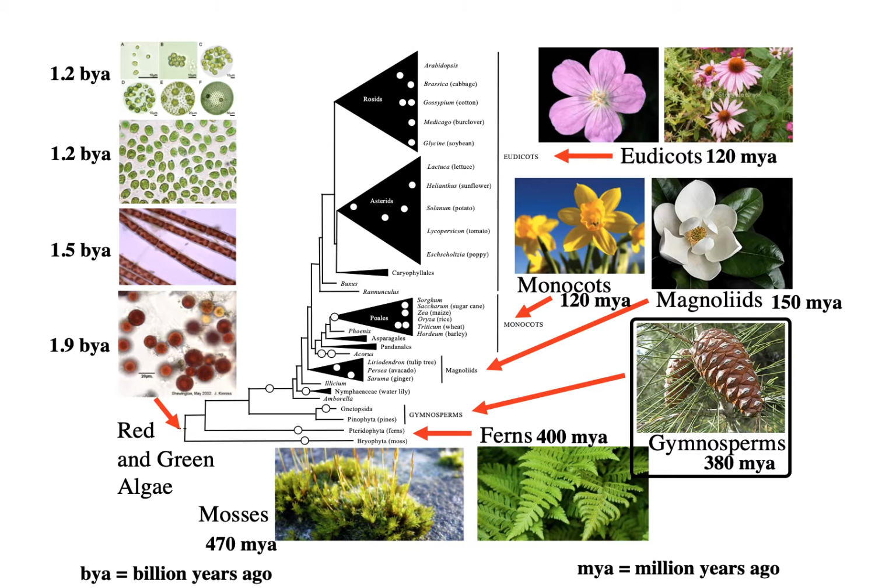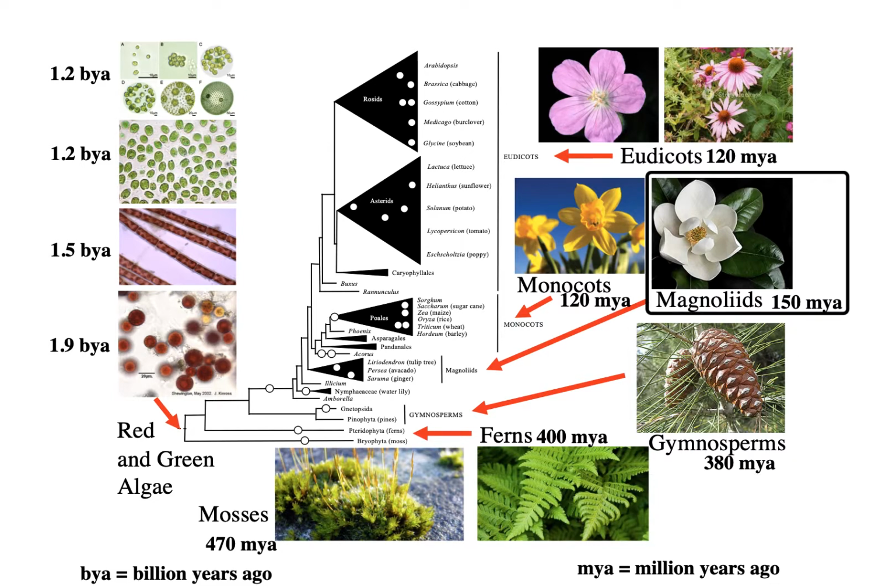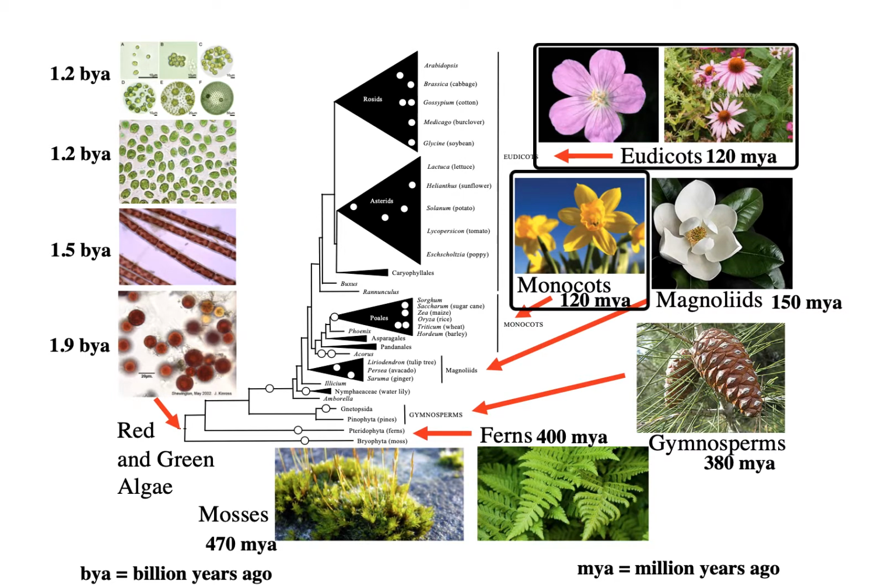However, to get larger and larger, they also had more cell types and more supportive tissue to gain altitude, essentially, to compete for sunlight. And then about 150 million years ago, we start to get angiosperms, including the magnoliids, which were some of the first ones, and then monocots and dicots, eudicots, evolved about 120 million years ago. And now we have many, many different species of dicots and monocots.